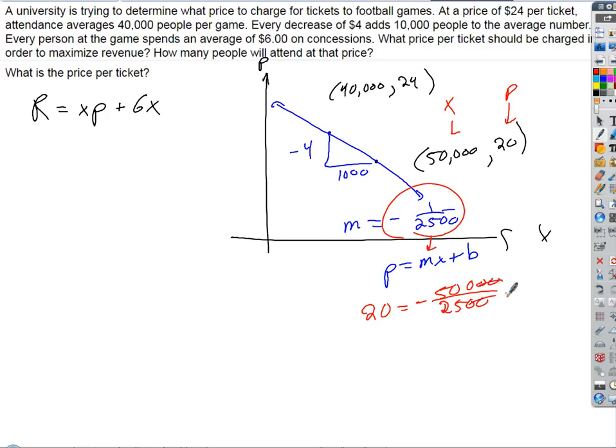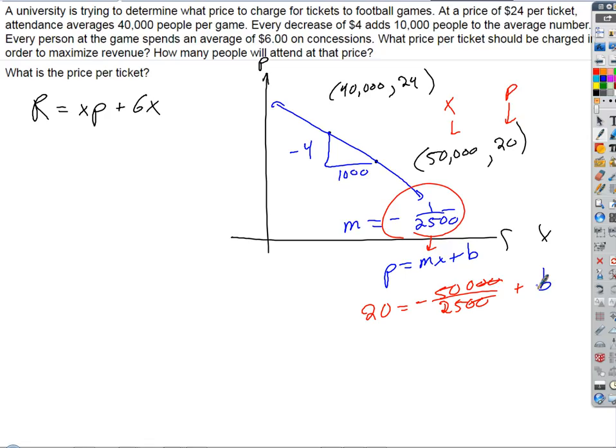So let's cross a couple zeros off. 500 over 25 is 20. Plus B. Everybody with me? That just works out to be negative 20, I think. Yeah, it does.